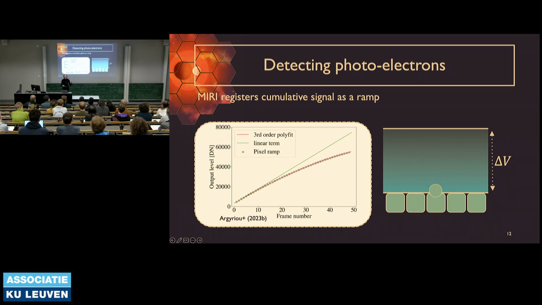However, as you're accumulating this charge, the bias voltage, so the voltage difference, actually becomes smaller, which means that this region where you are able to guide down your electron becomes smaller as well. So if your photoelectron is generated higher up in the layer, it does not reach the pixel. Instead, it needs to be generated lower before it is able to move down, which means that you are effectively detecting fewer photons as you move up your ramp. And that's why it starts to bend off, even though the flux is constant.